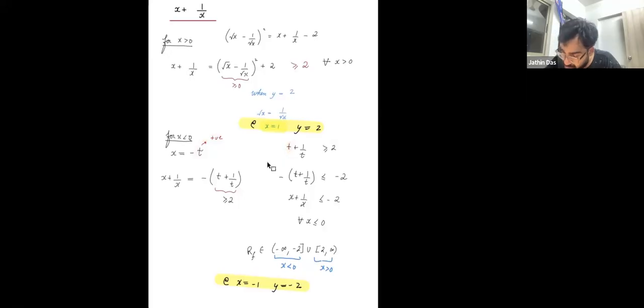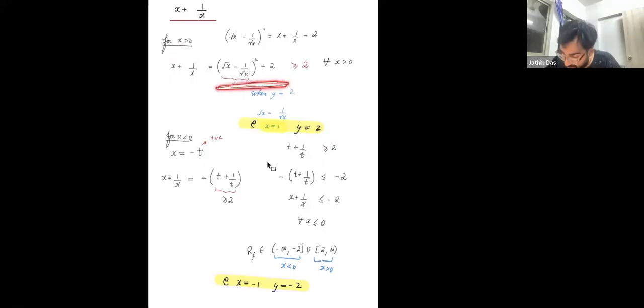Since from the funda I told, as x is greater than 0, x plus 1 by x will always be greater than or equal to 2. From that funda, t plus 1 by t is also greater than or equal to 2. You're taking the square, right? Here I have not taken the square, here I have taken the square. But yes, similarly you can take it.